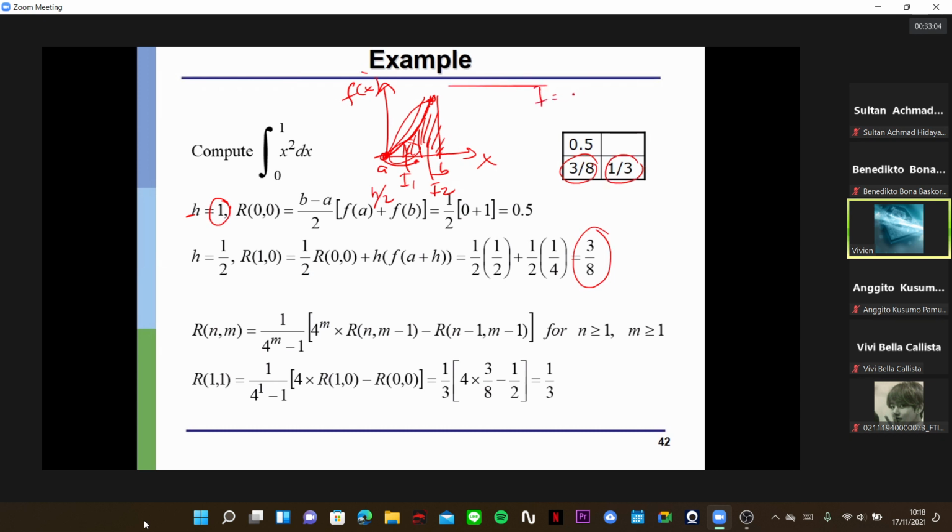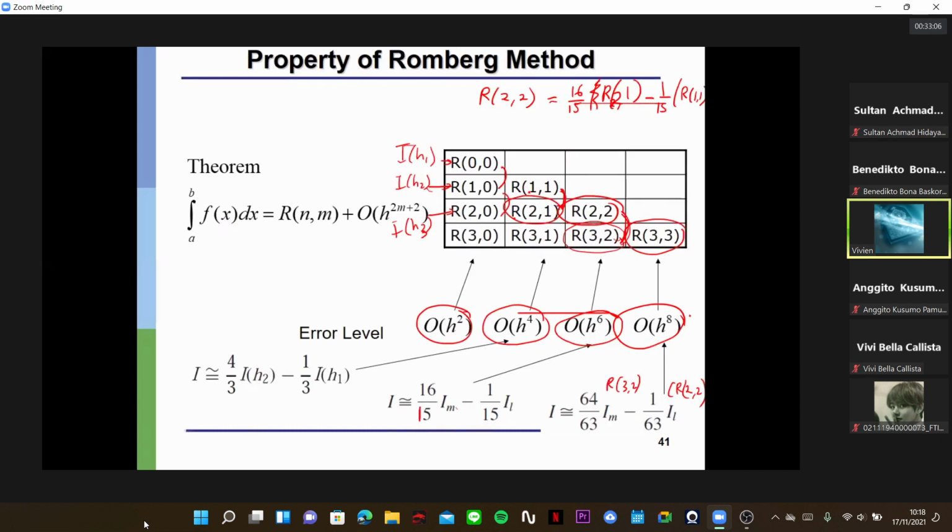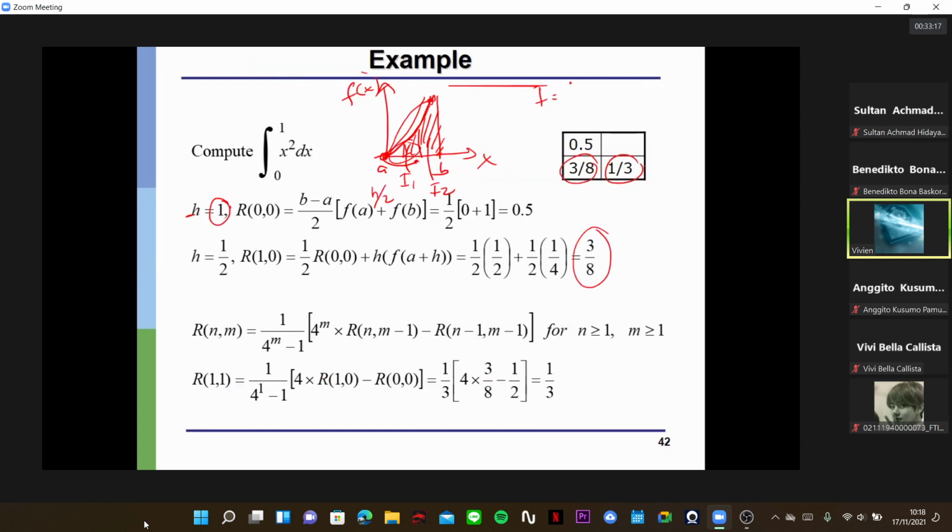The new area will be, again, we look at the equation, 4/3 I with more segment minus 1/3 of I with less segment. So we see that it will be 4/3 of the value which has more segment. The integration area with more segment is this one, minus 1/3 of the integration area with less segment.